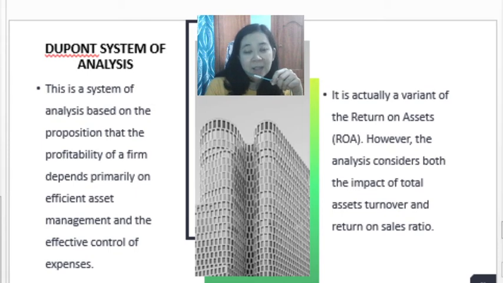This is actually a variant of our return on assets, which we discussed under the profitability ratio. However, the analysis considers both the impact of the total assets turnover and return on sales ratio. So this is a more expanded form of determining the return on assets, unlike the ratio that we discussed under the profitability ratios.